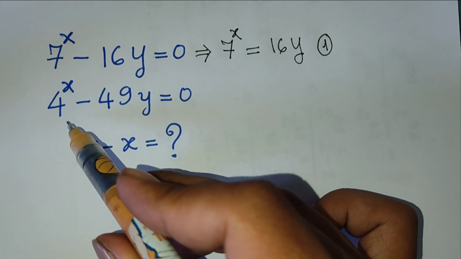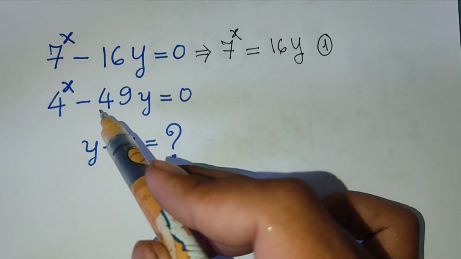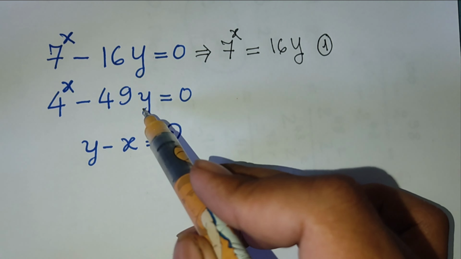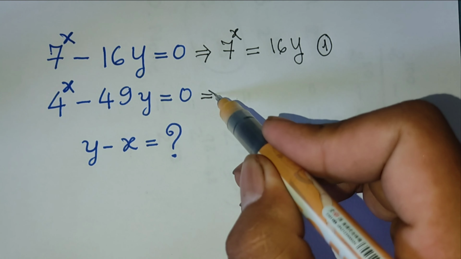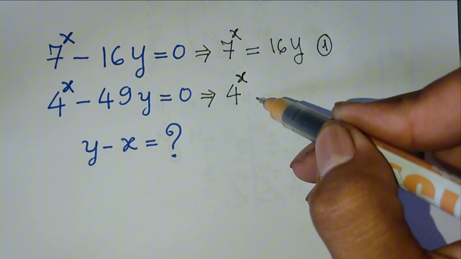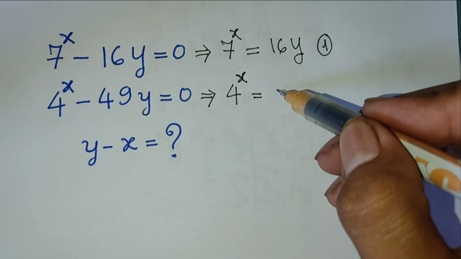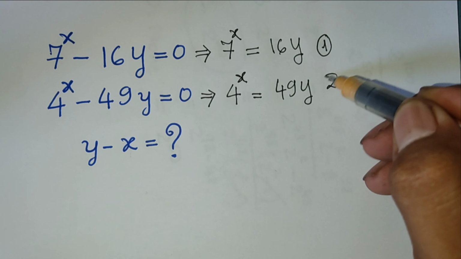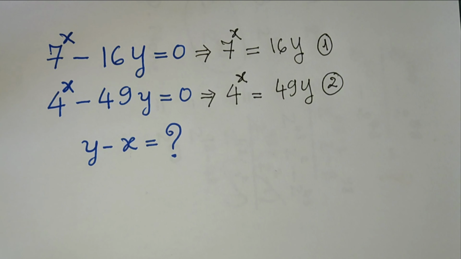And here is 4^x minus 49y. We move 49y to the right hand side. We get 4^x equals 49y, and I call it the second equation.